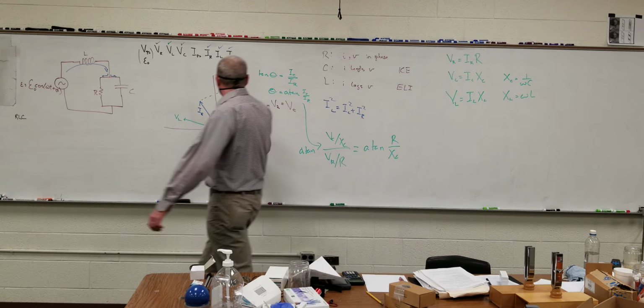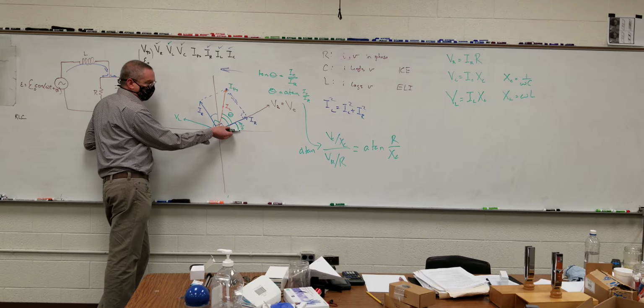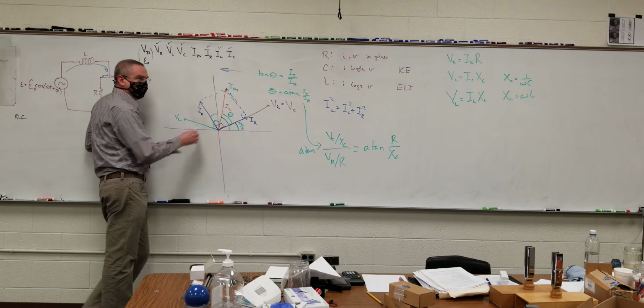That'll get me theta, and then I can find the actual direction this is pointing in at that point just by adding again pi over 6 plus whatever theta is.